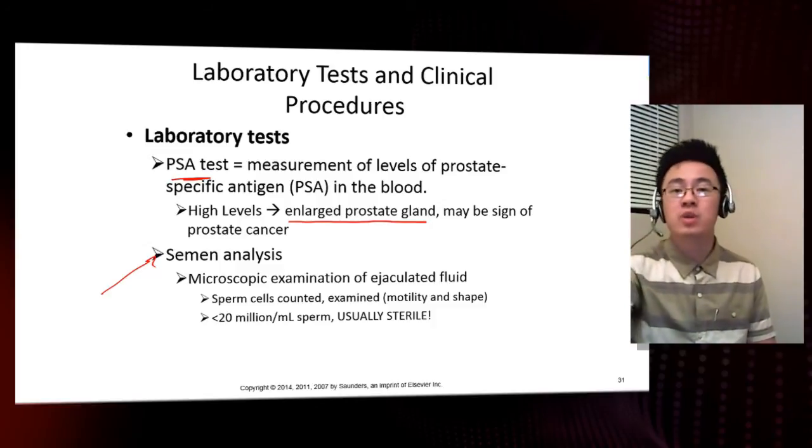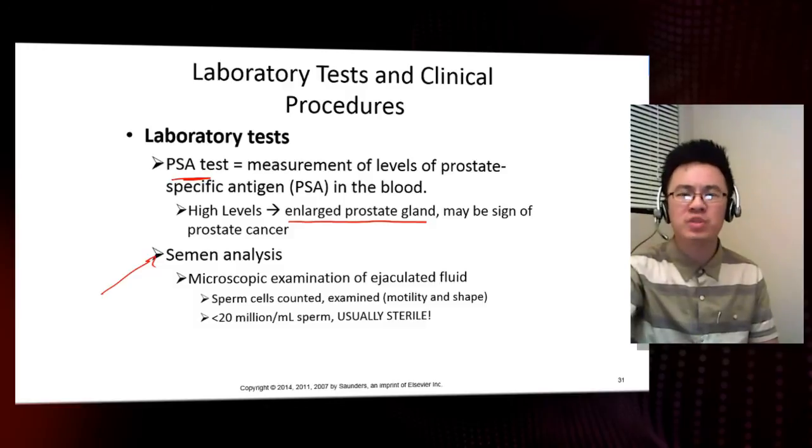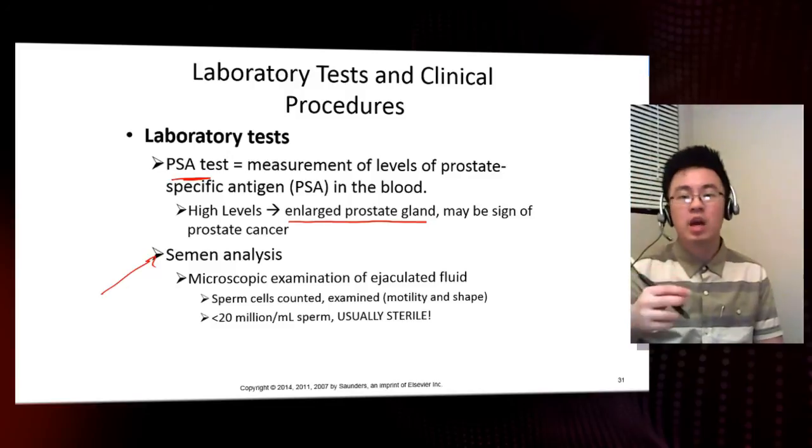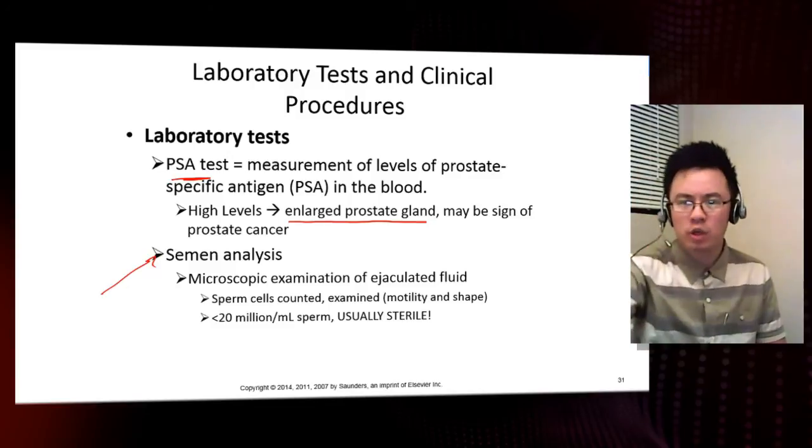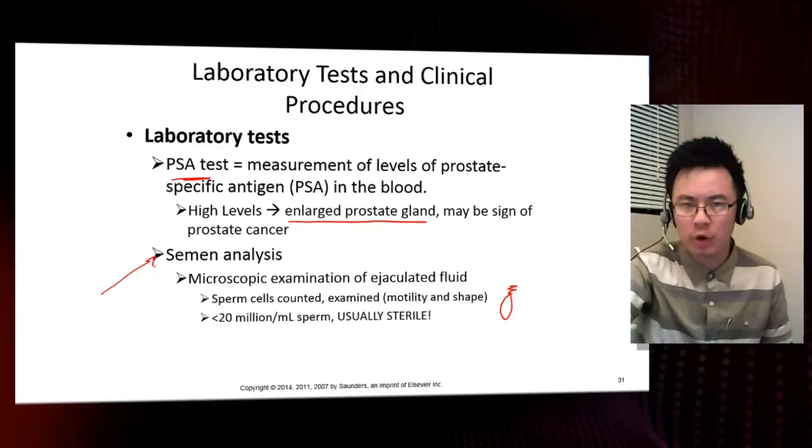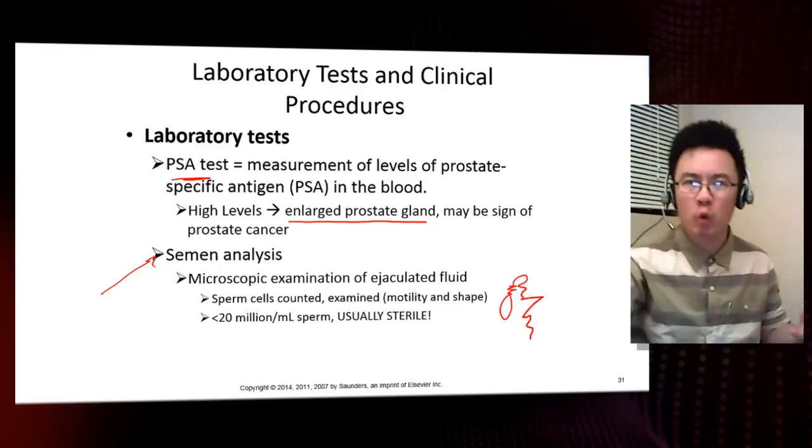Okay, so sperm is often counted after semen is collected from the men, and then it is examined, and its shape and motility are assessed. Sometimes sperm doesn't come out looking normal. Sometimes you have the head of the sperm, and then you have these wacky tails, and they don't swim quite right.